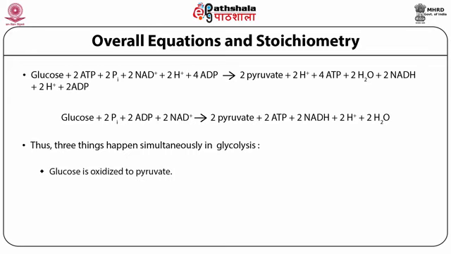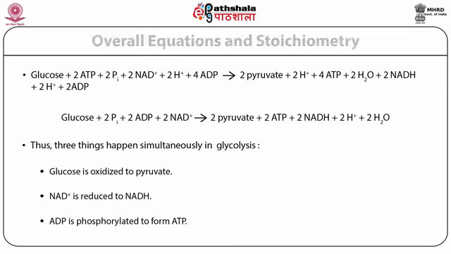Glucose is oxidized to pyruvate, NAD plus is reduced to NADH, and ADP is phosphorylated to form ATP. There can be no EMP pathway without all three events, which means that NAD plus, ADP and inorganic phosphate as well as glucose must be present.